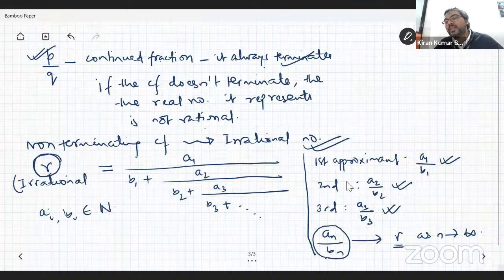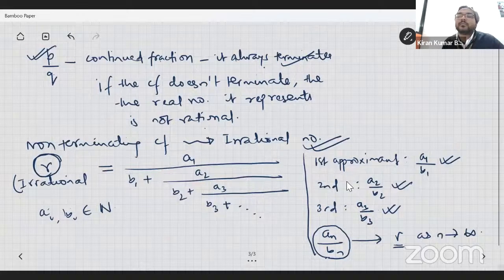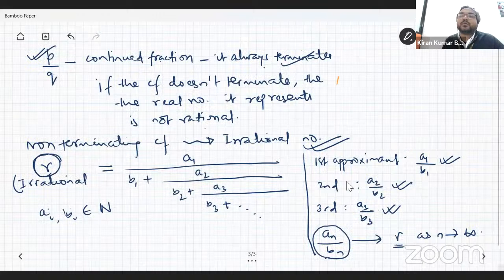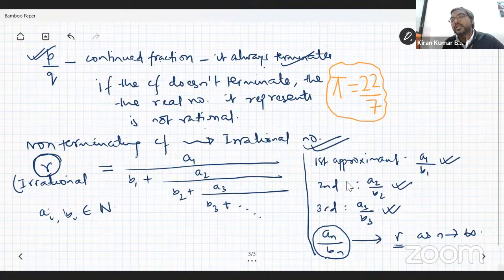For example, we will see why we take pi equal to 22/7. Left hand side is an irrational number, right hand side is a rational number. So where does this come from? We'll conclude with this.